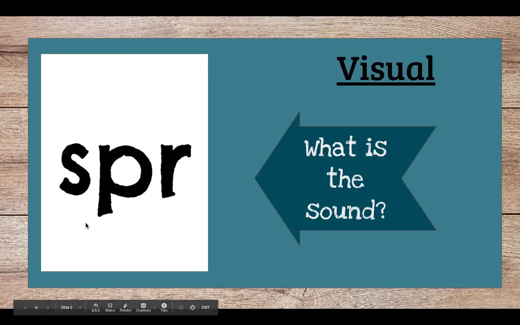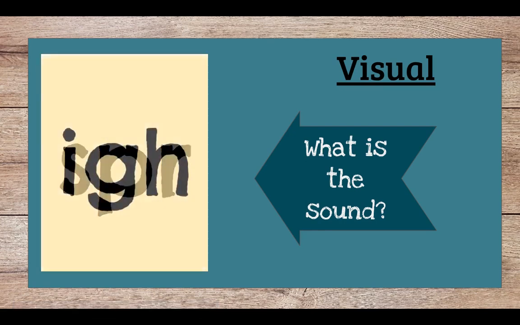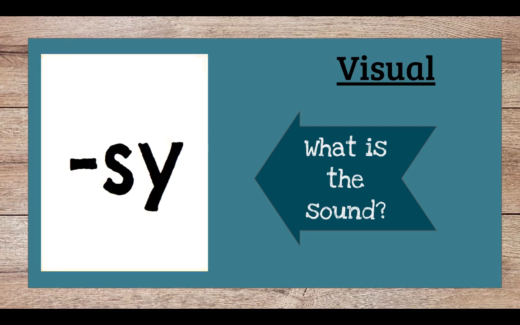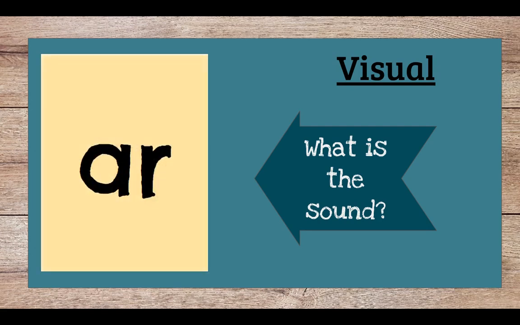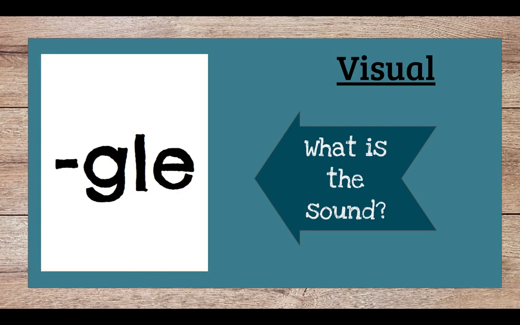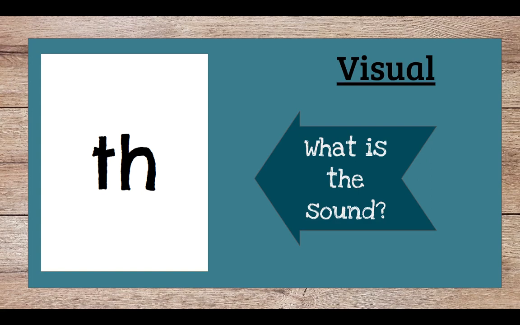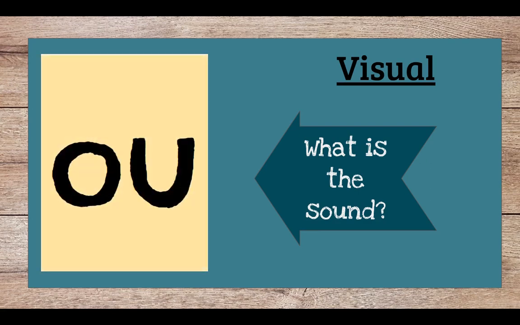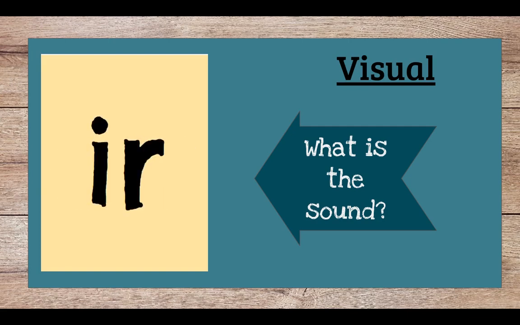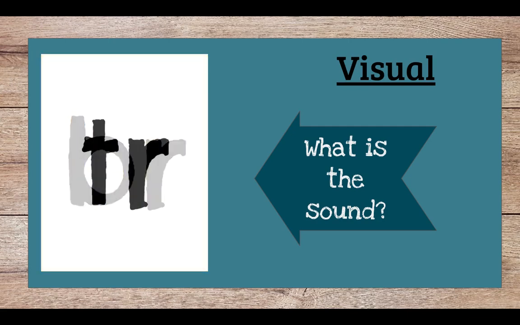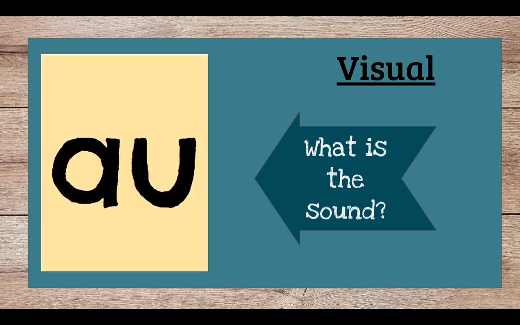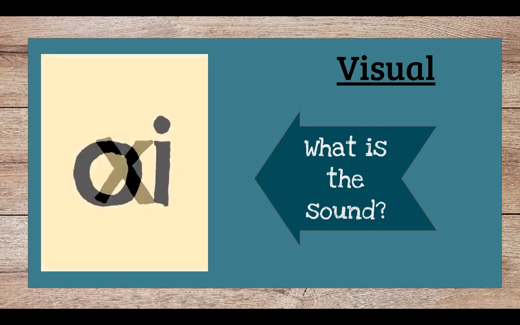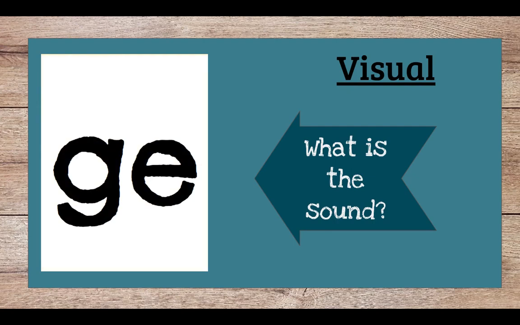You guys ready? Here we go. Make sure you're participating with me. Here we go. Spur, I, C, T, R, gull, th, th, x, ow, bur, ter, aw, x, oi, j.